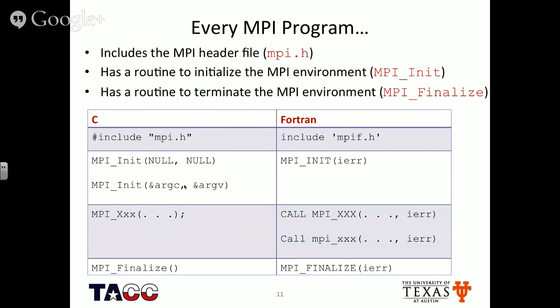So every task sees the same input arguments. And so after you've initialized the environment, somewhere in the middle here, you'll have calls. So you'll do some computation, you'll do some numerical work, and then you'll call some MPI functions to coordinate with the other tasks or move data. When you're done, you finalize. And finalize shuts down MPI on all the tasks.